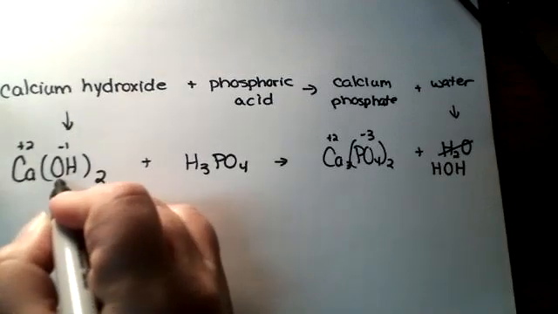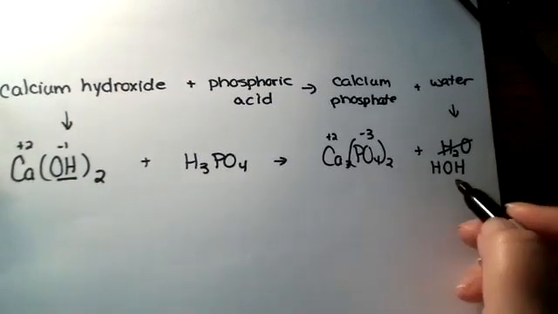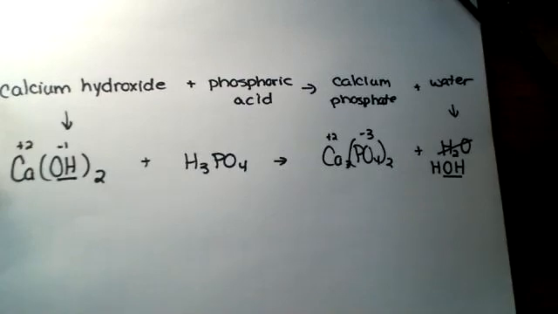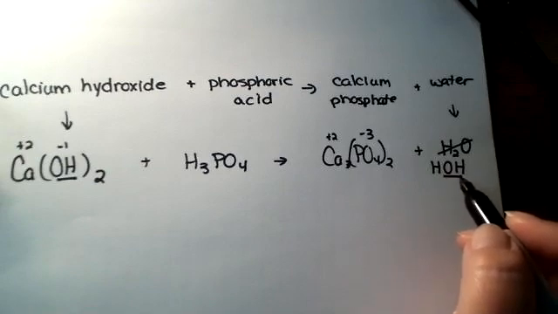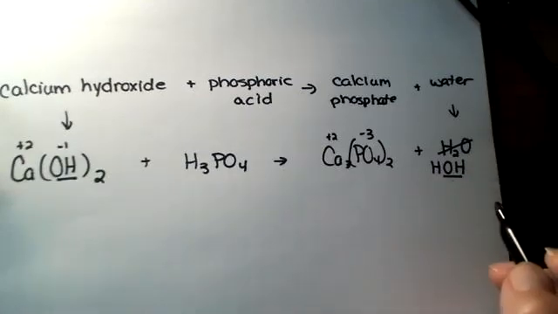Now that gives you an OH on this side and an OH on this side, and it makes it a little bit easier to balance, okay? Now, in college, if you leave this as HOH, they're probably going to get mad at you. So when you finish balancing, just turn it back to H2O.